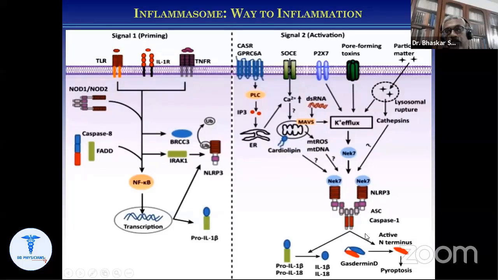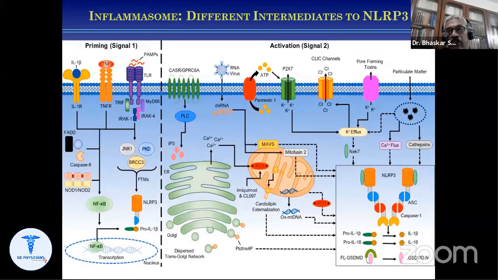This NLRP3 builds a huge inflammasome complex of different proteins, which you will see here, and all these together lead to the cleavage of pro-IL-1 beta to form IL-1 beta, which is released, and gasdermin D is released.